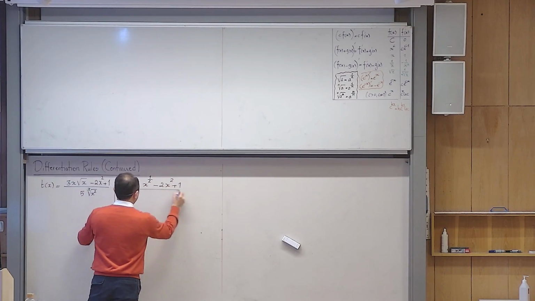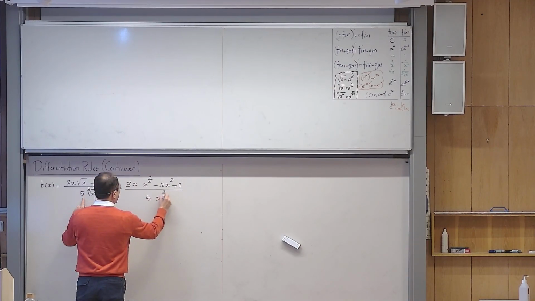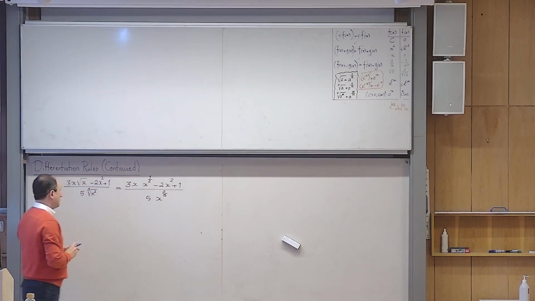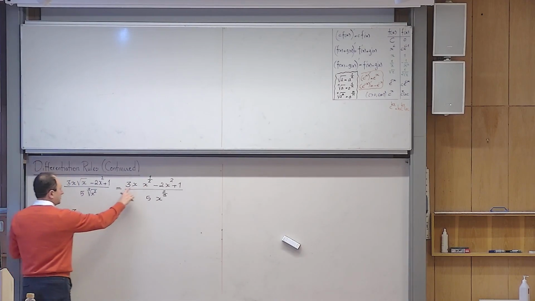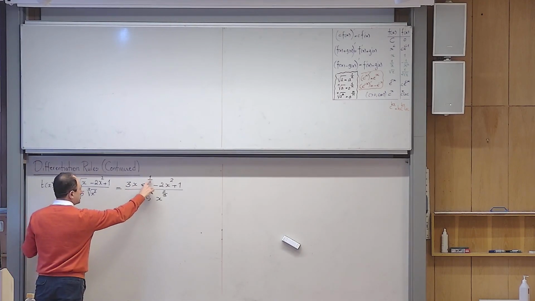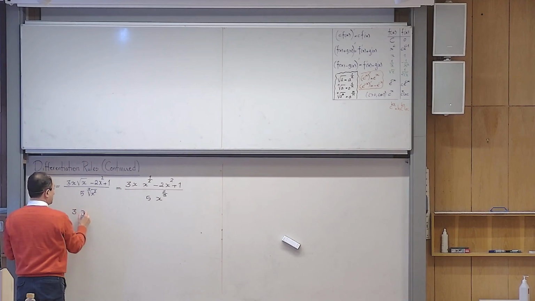And then divided by 5, x to the power of 2/3, yes? Okay, and then I combine these two because I am multiplying with the same base, so I add this exponent to this exponent, which is not written, so it is 1. 1 plus 1/2 is 3/2.